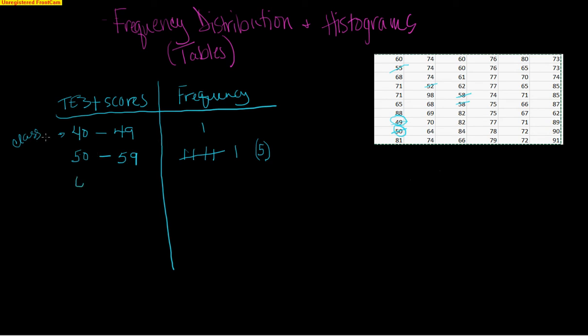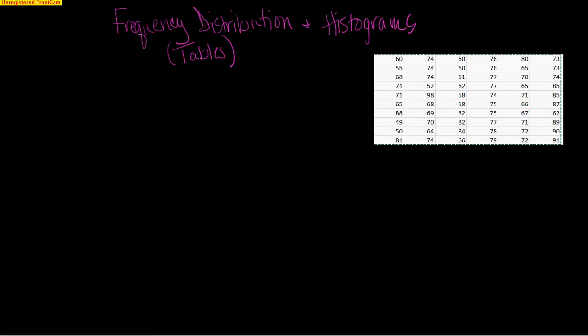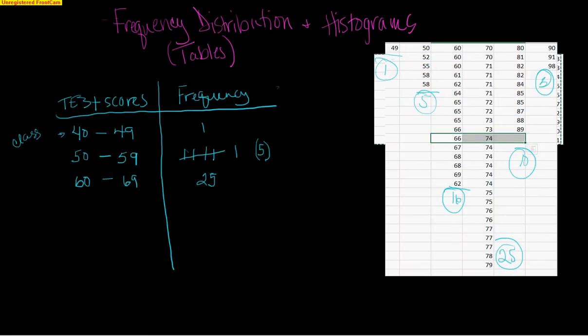All right. Next class is going to be 60 to 69. And we could go through the process of going through our tallies and doing them one at a time. But I'm going to save you the work, and I have already done this. In fact, what I did was I sorted the data. As you can see here, this is the exact same test scores.